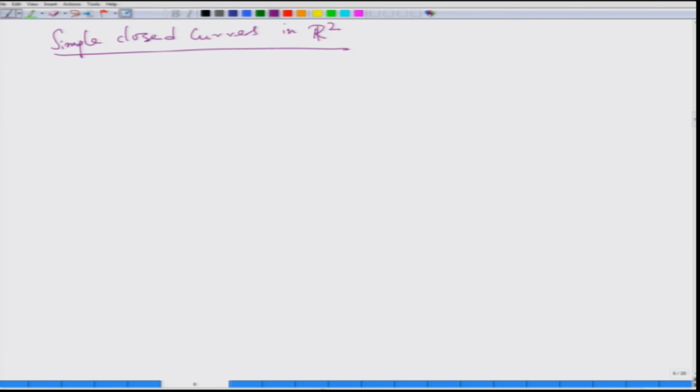As the name suggests, suppose A is a positive number. A simple closed curve in R2 with period A is a regular curve.